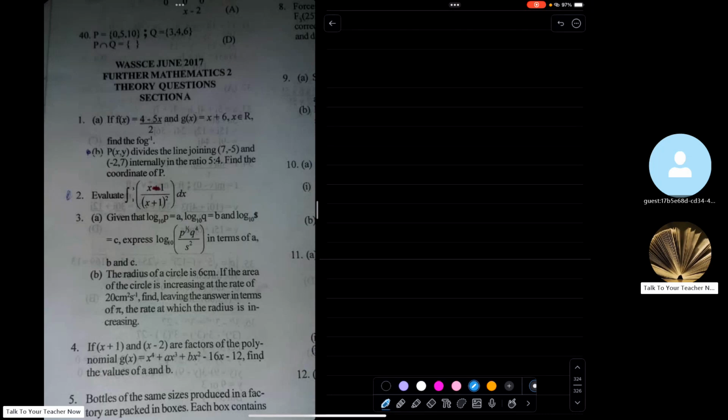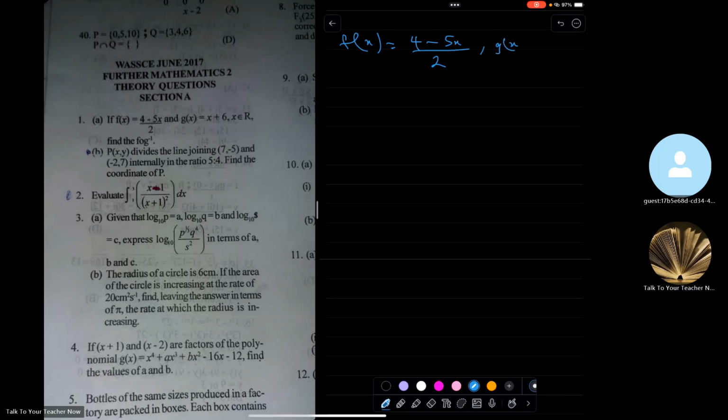If f of x equals 4 minus 5x over 2, and g of x equals x plus 6, where x is a member of R, find f of g inverse. How do you do that? How do you find f of g?